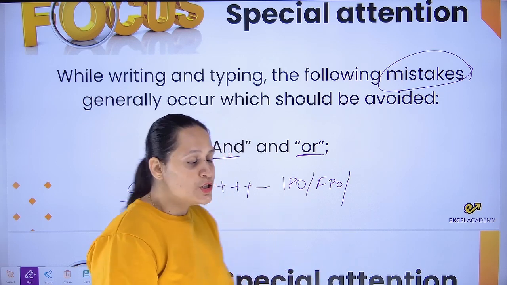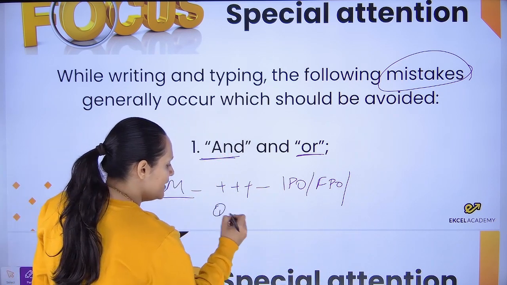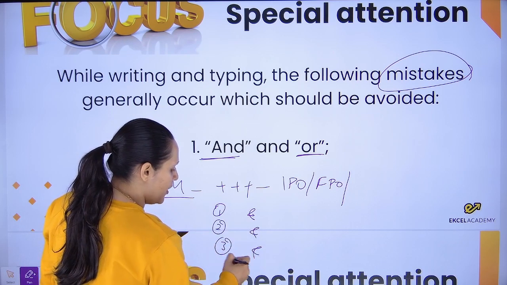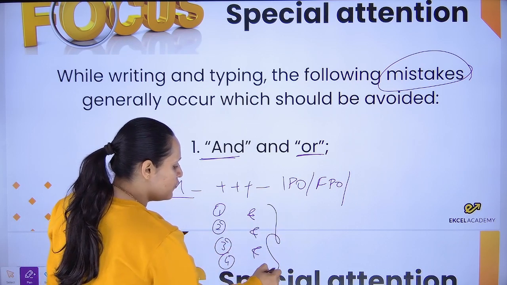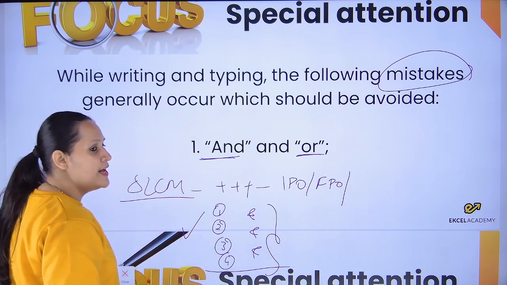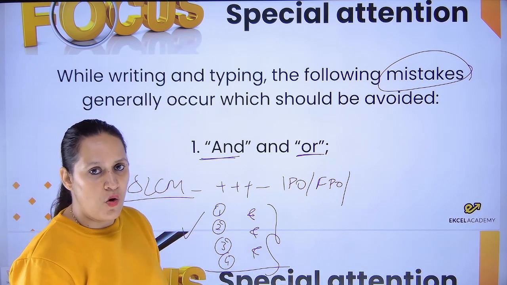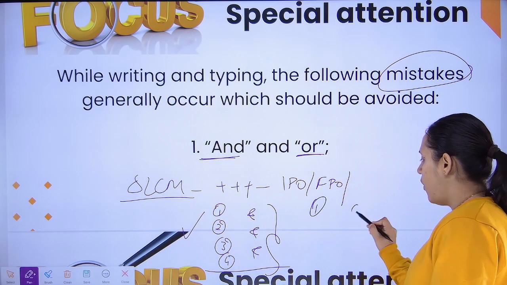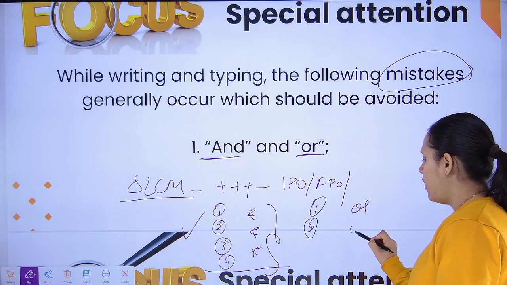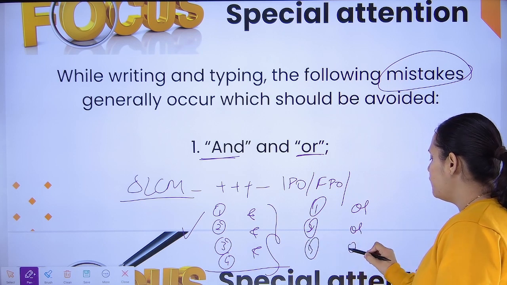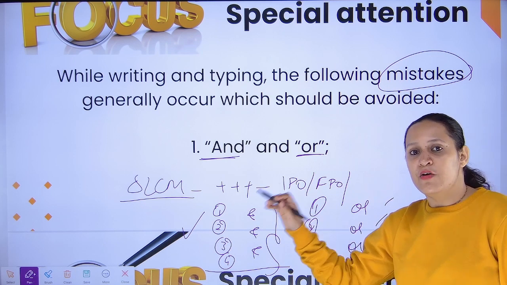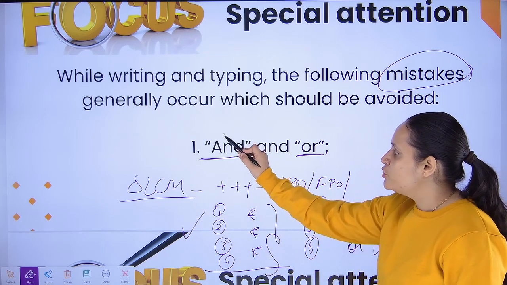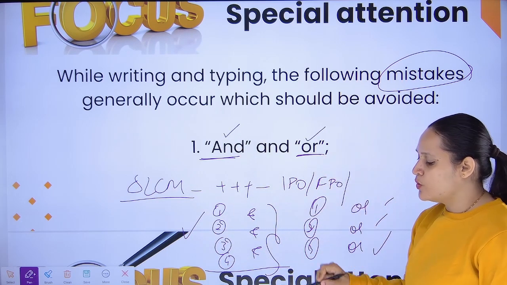So when we say point number 1 and point number 2 and point number 3 and point number 4, that means each one of the 4 conditions should be satisfied if you want to make an initial public offer. On the other hand, if we write point 1 or point 2 or point 3, that means even if one of these conditions is satisfied, we will be eligible for making the initial public offer. So when you should use the word 'and' and when you should use the word 'or' is very, very significant.